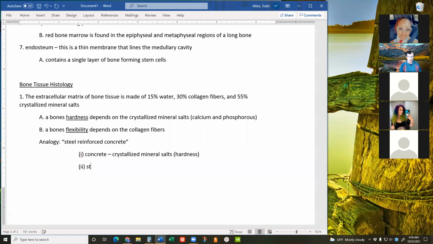And the steel, the steel rebar, the steel tubes, the beams of steel that you see stuck through the concrete, this is analogous to the collagen fiber, which provides the flexibility. All right, folks, so that's just a little bit about the extracellular matrix of bone. Would you have any questions you'd like to ask?